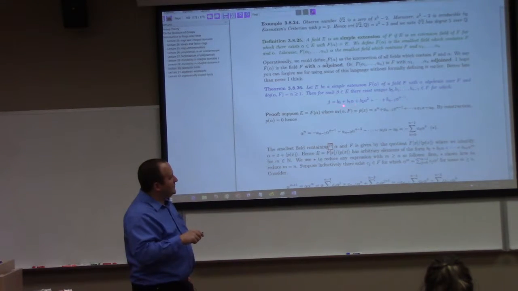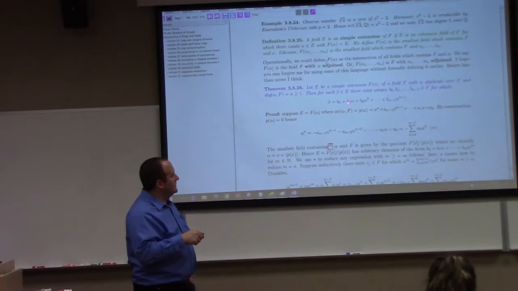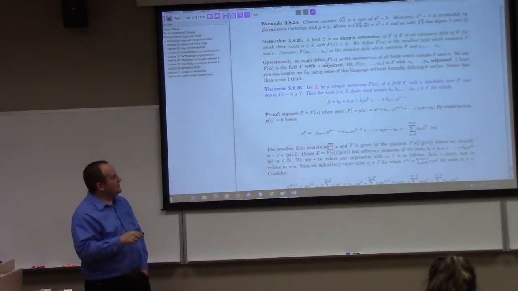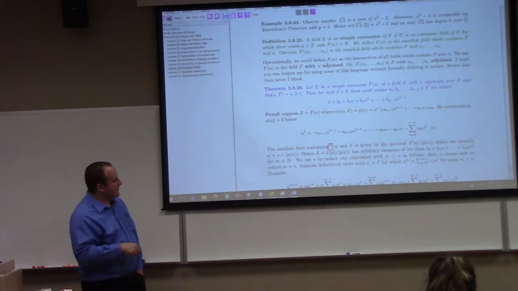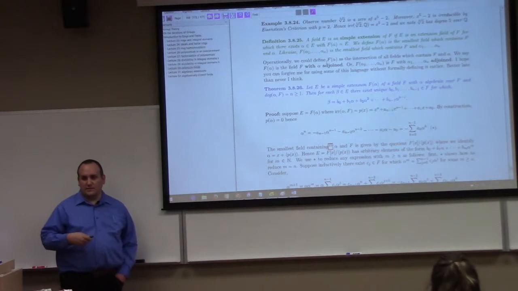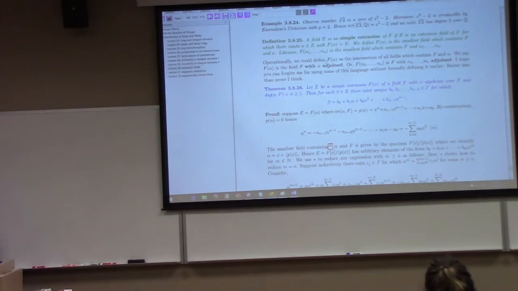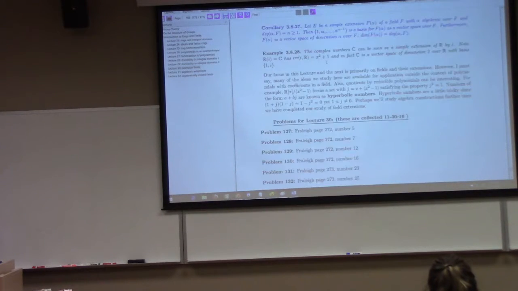So I'm using this in the case n equals 2, basically, b naught plus b1 times the square root of 3, where b naught and b1 are taken from the field. In this case, the field in the problem we were just looking at is Q adjoin the square root of 2. But you must keep this theorem in mind, and I think I said its corollary is that 1, alpha, alpha squared, up to alpha to the n minus 1 forms a basis for that simple extension. So we can use that theorem.